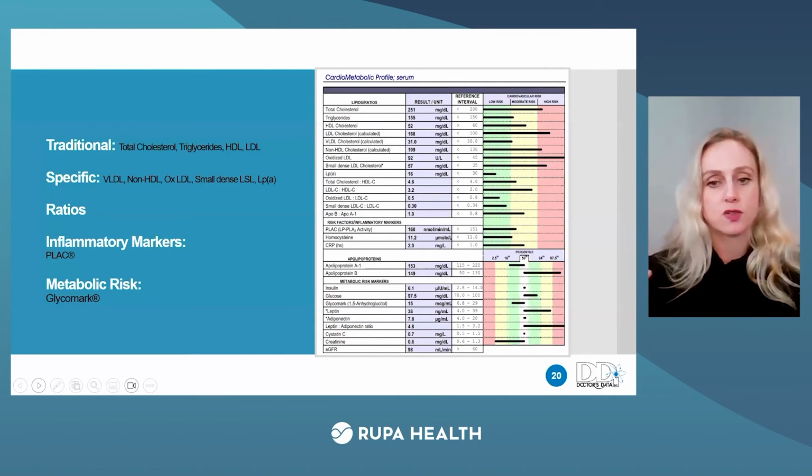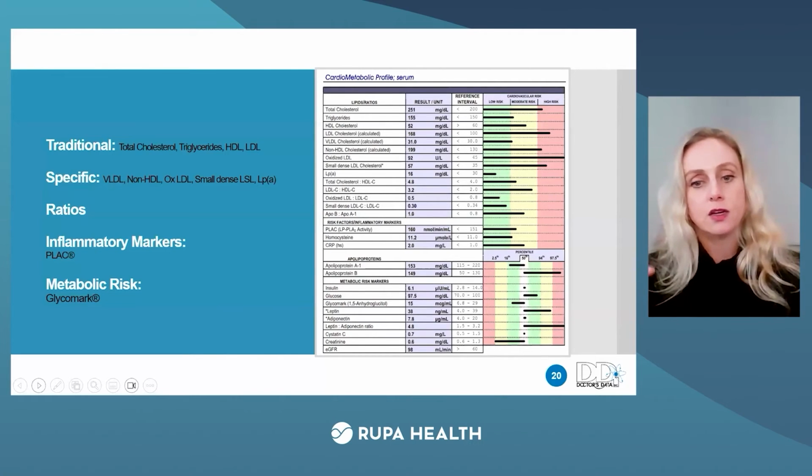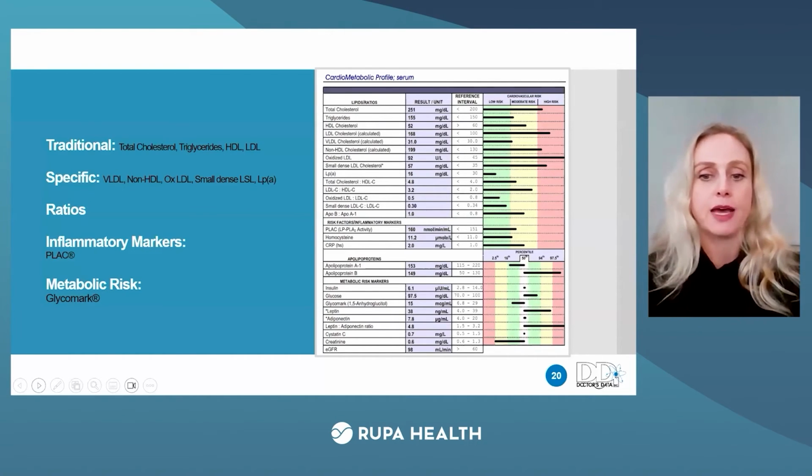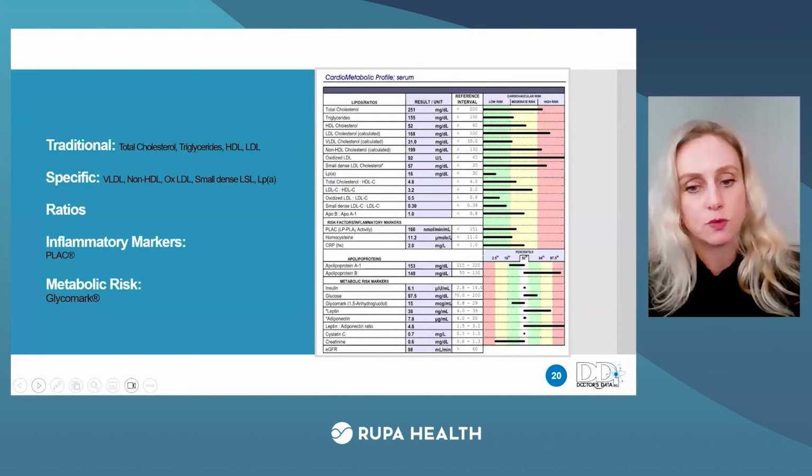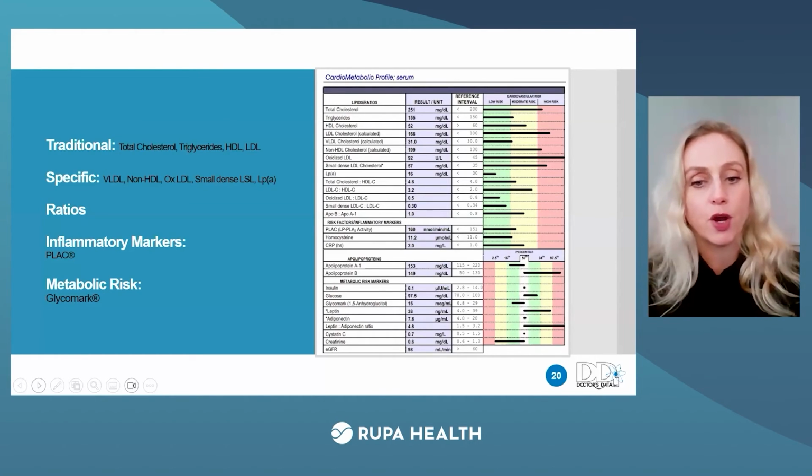Okay. So now we're switching gears. We're talking about metabolic markers: insulin, glucose, and glycomark. Those all go together. Then we're talking about leptin and adiponectin. Those are the adipokines housed in the fatty tissues. We talked about that. Housed in the visceral adiposity. The leptin to adiponectin ratio. And then we have the markers of kidney health here. The markers of kidney health are going to be cystatin C, creatinine, and GFR.